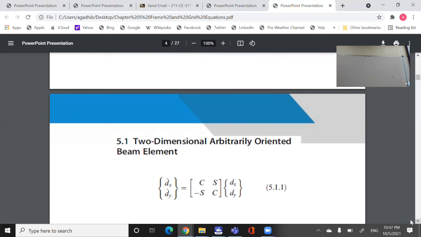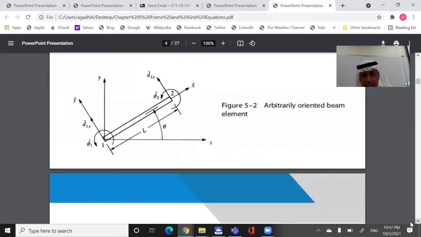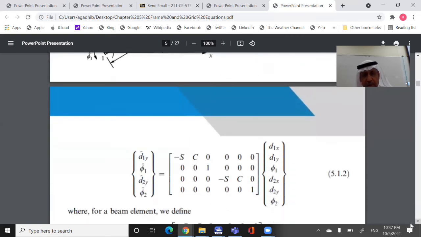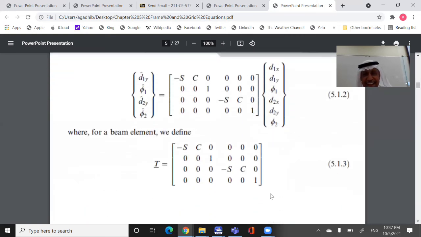You just multiply T transpose, K which is the local, with T. If you multiply these three together, you will get the stiffness in global. Where is the T? This is the T here, 6 by 6. Take the transpose, multiply it.